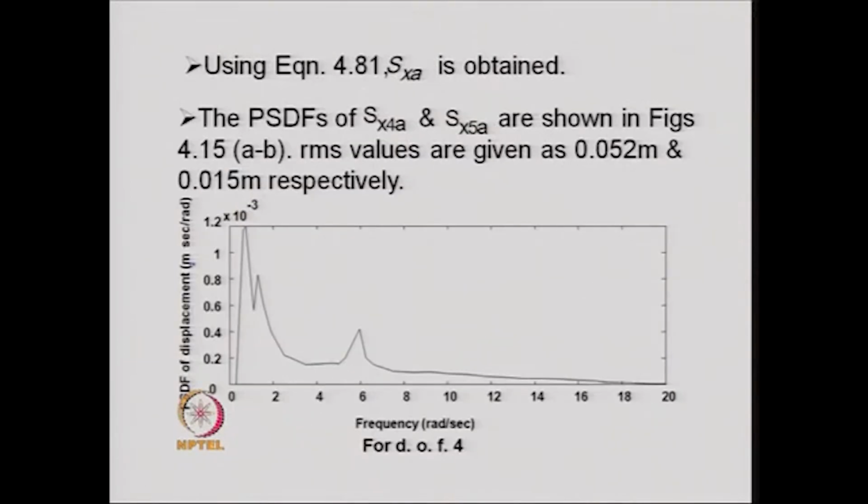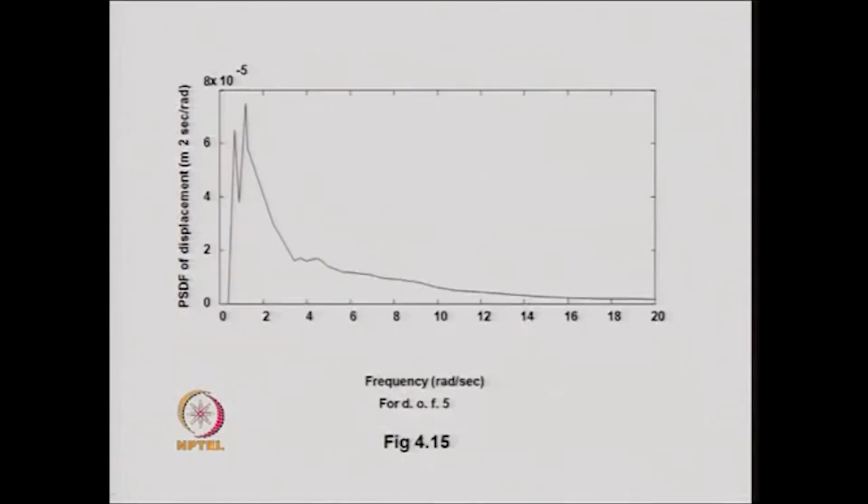So, that is how the power spectral density functions of degree of freedom 4 and degree of freedom 5 are obtained, where A represents the absolute value. These are plotted against frequency, first for degree of freedom 4 and then for degree of freedom 5.